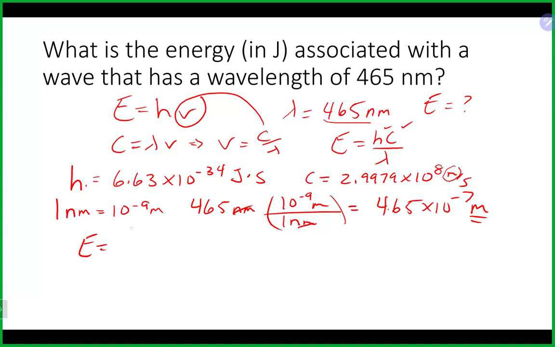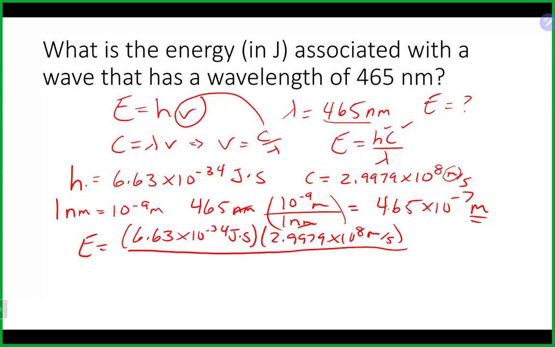E is equal to our h, 6.63 times 10 to the minus 34 joules times seconds, times our speed of light, 2.9979 times 10 to the 8 meters per second, divided by our wavelength in meters, 4.65 times 10 to the minus 7 meters. The meters on top and bottom will cancel. The seconds will cancel on both of those. And that's going to leave us joules.